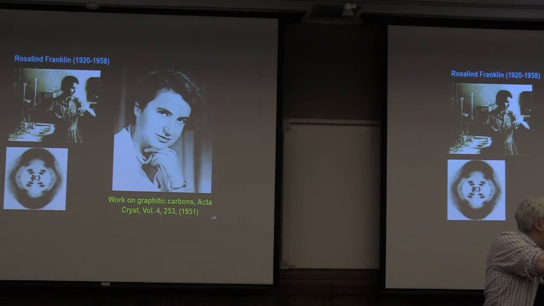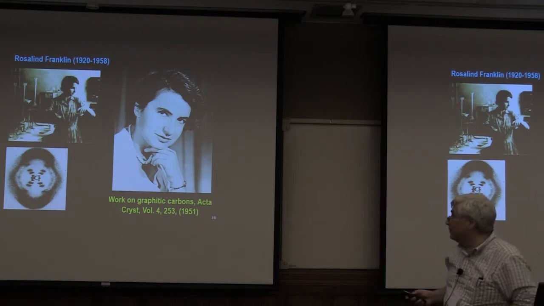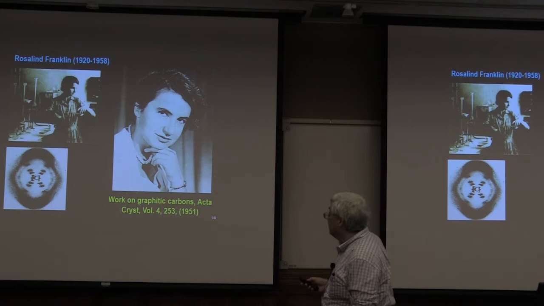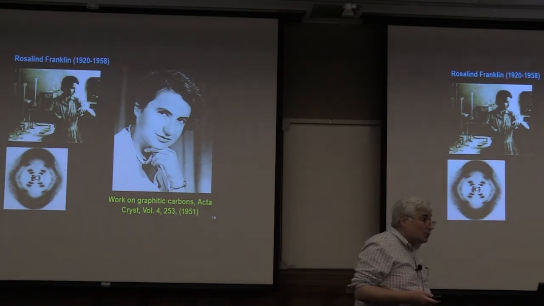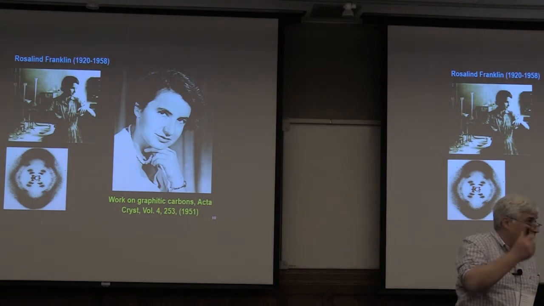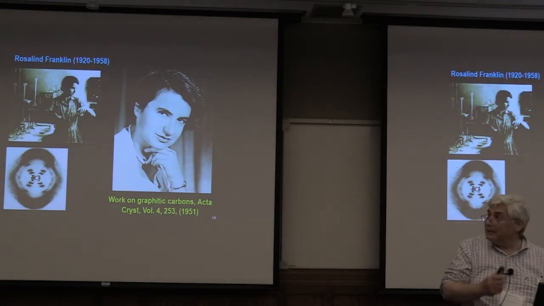This is called turbostratic carbon, and in turbostratic carbon the distance between layers becomes 3.4. It's a very small difference, but it is important, because you lose the crystallinity in the Z direction.